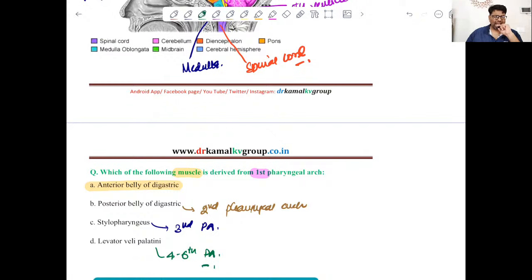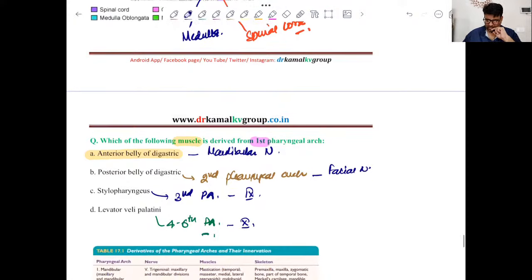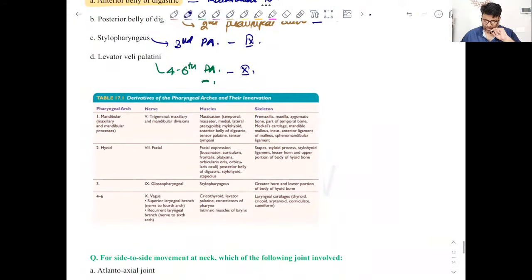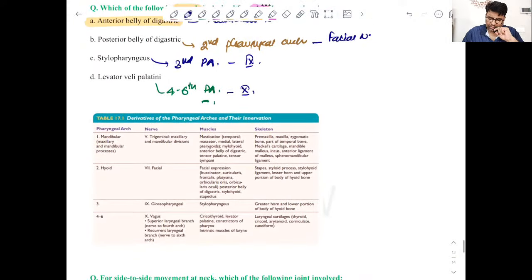Now, as the nerve supplies, this is again the mandibular nerve, this is facial nerve, this is cranial nerve 9th, and this is the recurrent laryngeal nerve, right? So in short, the anterior belly of digastric is from the first pharyngeal arch, supplied by the trigeminal nerve through the mandibular division.